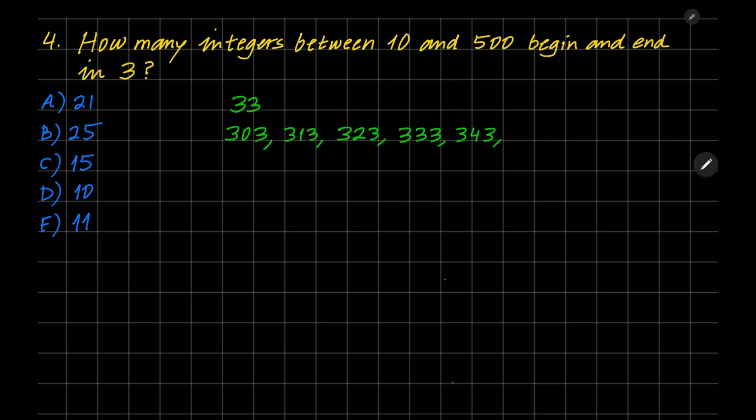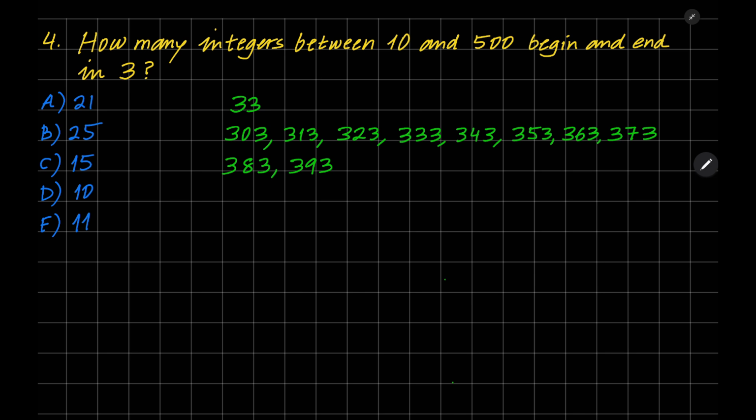343, 353, 363, 373, 383, and 393. That's 1, 2, 3, 4, 5, 6, 7, 8, 9, 10.